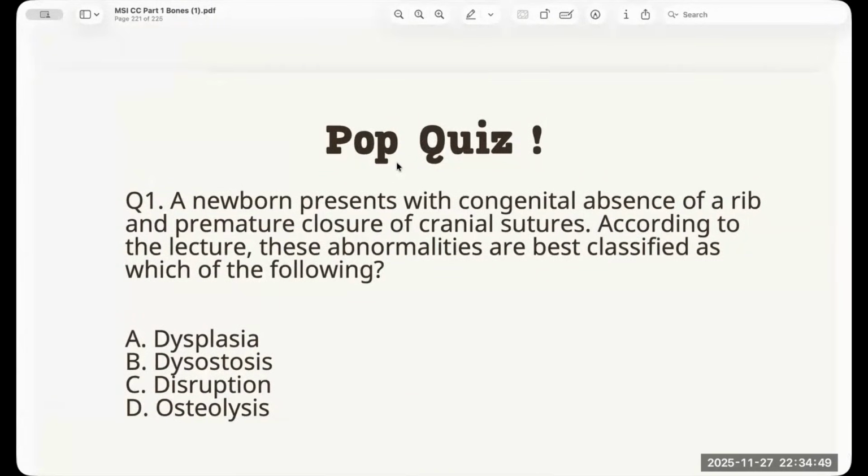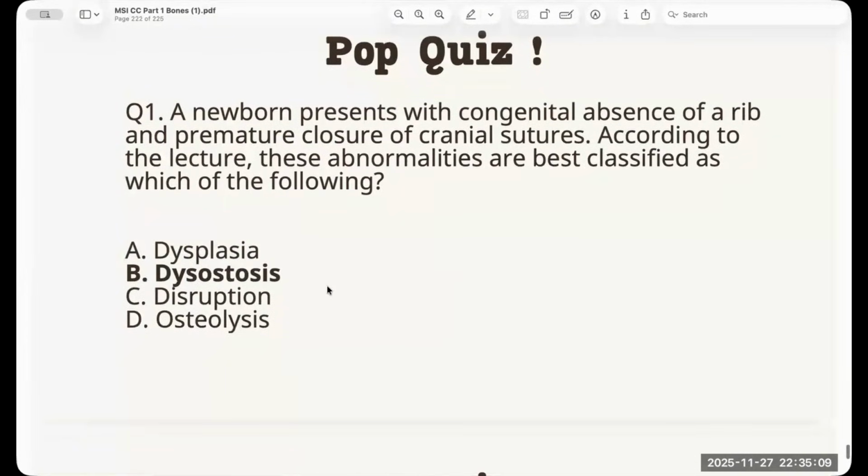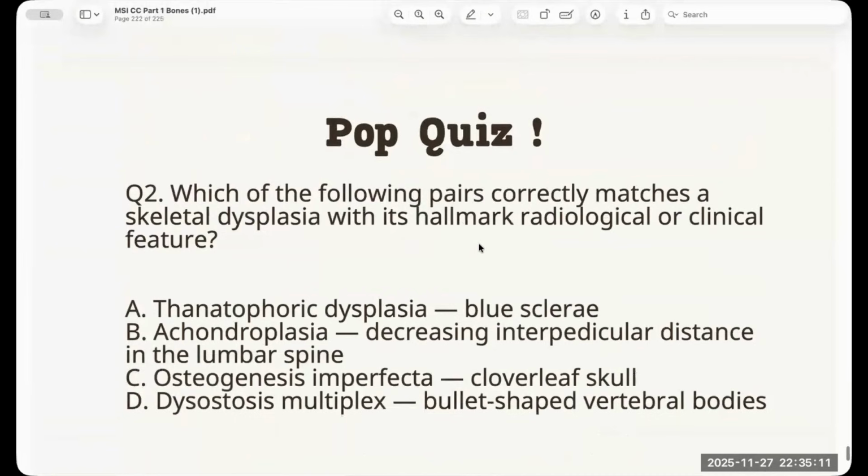Here's the last pop quiz of this crash course. A newborn presents with congenital absence of ribs and premature closure of cranial sutures. According to this lecture, the abnormalities are best classified as the following. We did define those. It's dysostosis. Okay. Last question.